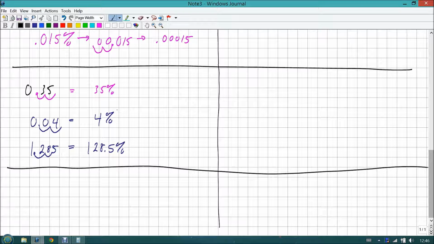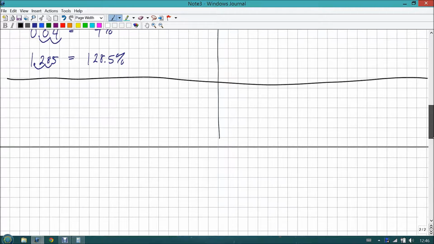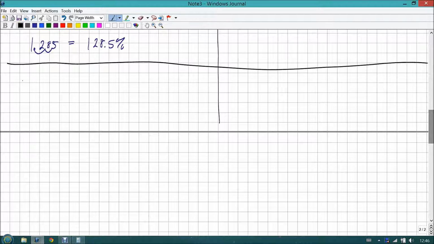And now for the part that isn't so easy. What about fractions to percents? This is the hardest one. You could try memorizing the most common fractions to percents, but there are an infinite number of fractions out there.